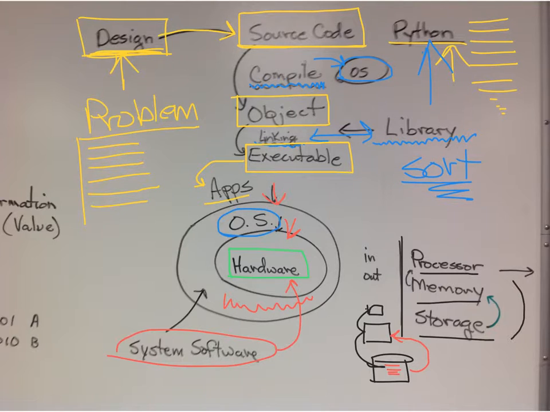Thinking of a typical PC or laptop and so forth. And then from memory, those instructions move. An instruction goes from memory to the processor, gets processed and sent back to memory. Okay? And that's how it works.